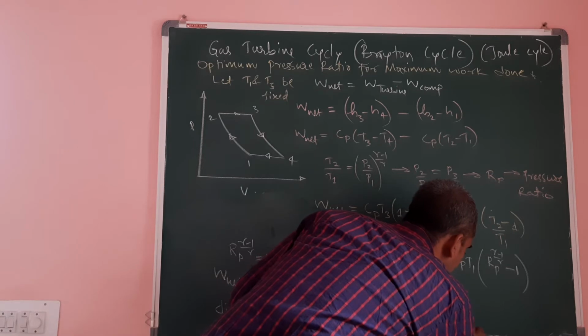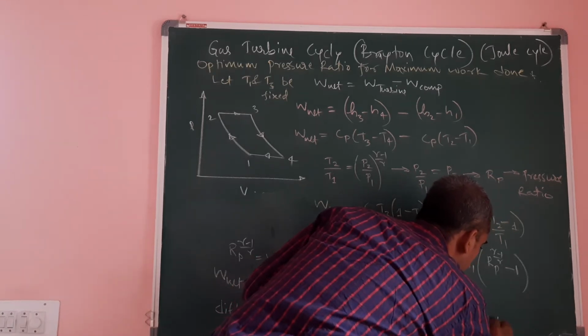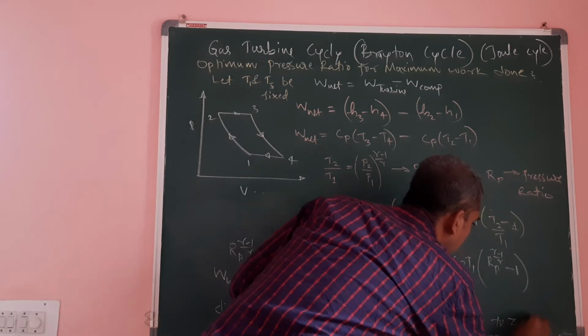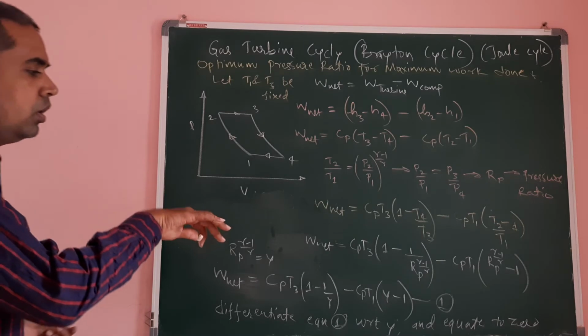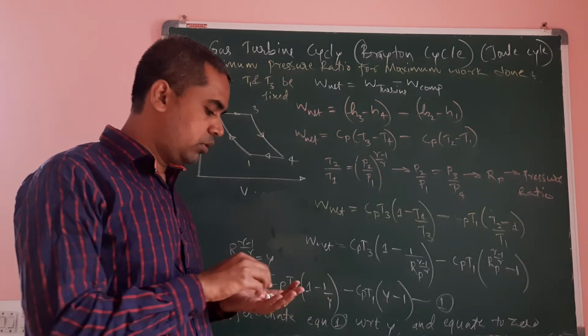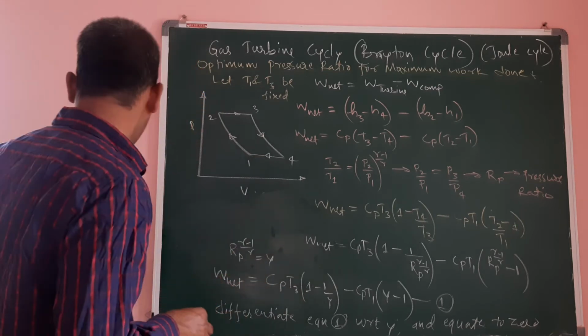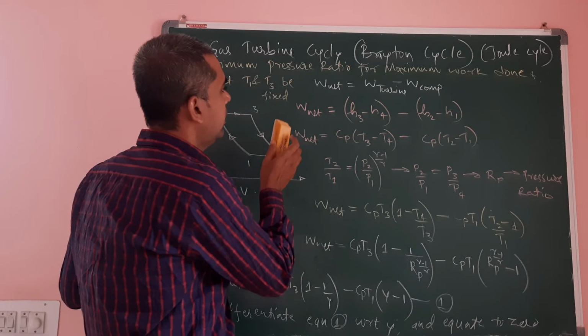We equate to 0, and we will get the optimum pressure ratio. Okay. Always it is a concept of mathematics. For a maximum value or minimum value, we can differentiate and equate to 0. We will get the maximum value, since the slope will be equal to 0. Therefore, we do that.